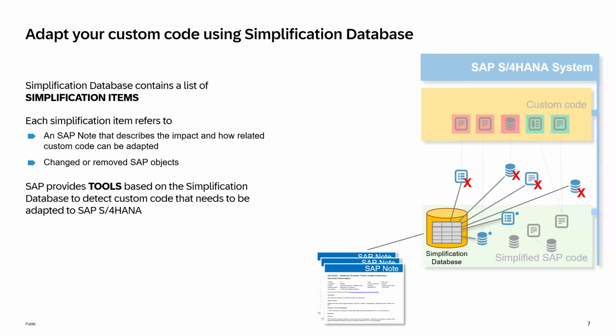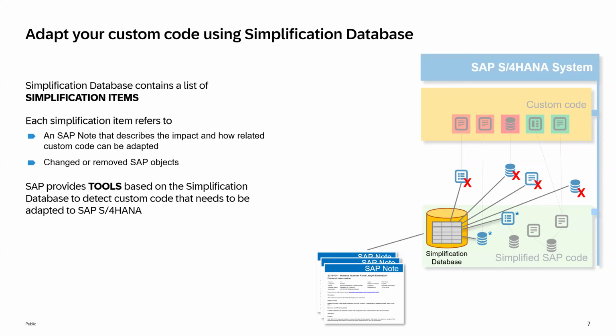Luckily, we have not only simplified S/4HANA software, but we have also written down every simplification in the so-called simplification database. Every change in S/4HANA standard software is captured there as a so-called simplification item, which describes how the standard SAP object was changed and also provides guidance for you as a customer or partner on how your custom code, which is working with these SAP standard objects, can be adapted.